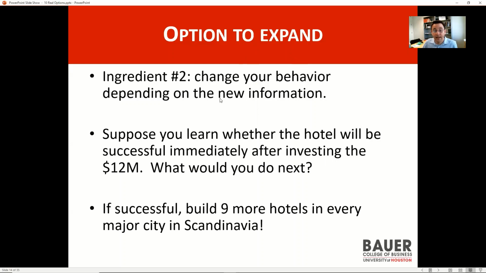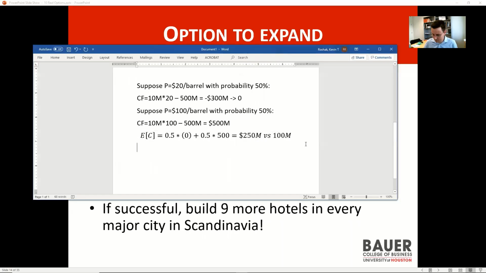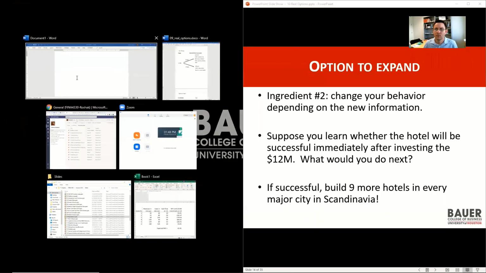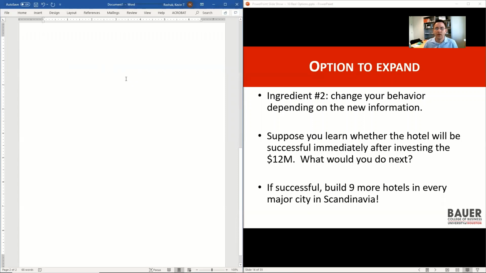How are you going to use this option to expand? Well, if things look good, then what you're going to do is you're going to build more hotels, right? You expand. You build, say, 9 more in every major city in Scandinavia. So how does that affect your NPV? Let's pull up a whiteboard here. Okay.